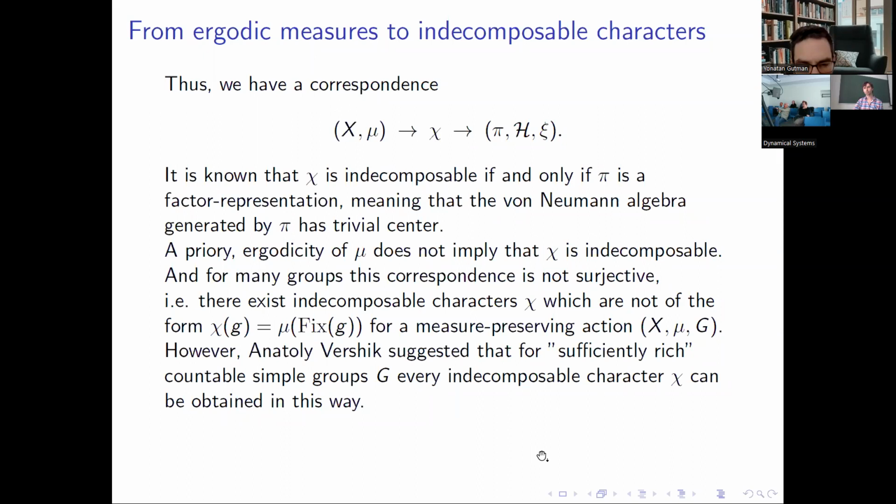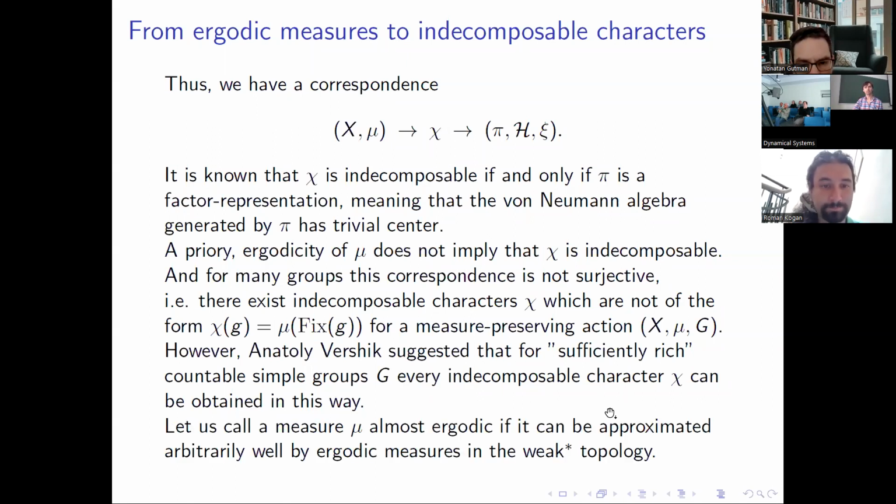So if our group is not simple, it's likely that there will be many examples where we'll have complex-valued characters not produced in this way. But Anatoly Vershik suggested that for sufficiently rich countable groups, simple groups, every indecomposable character can be obtained in this way.